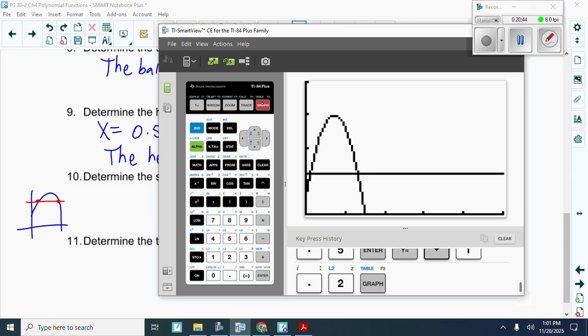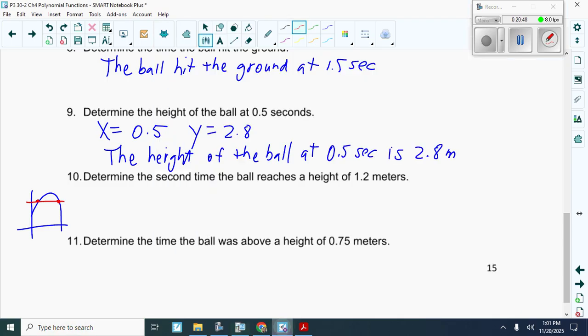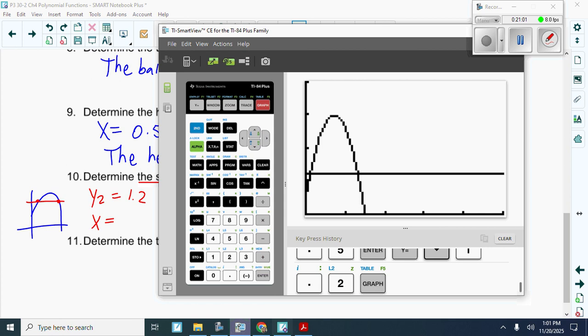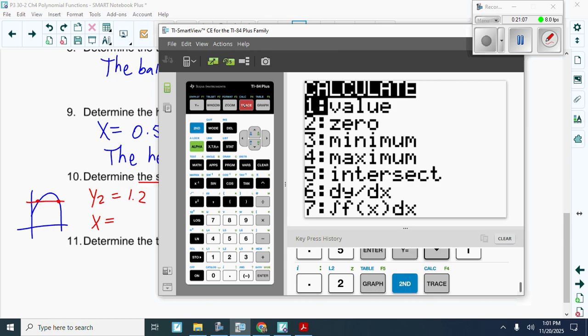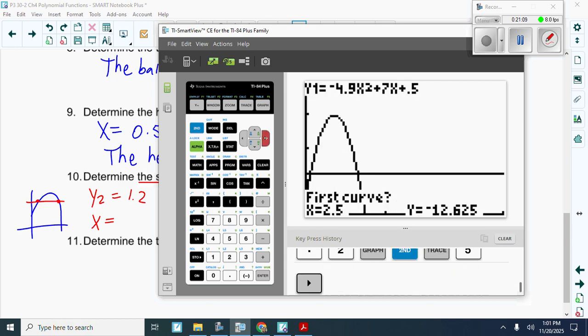And this time it doesn't want the times plural, it's looking specifically for the second time. So this is y2 equals 1.2, and when you find out what your x value is, you want to focus on the second time that there's an intersection. So second trace, intersect. Oh, I'm way over.